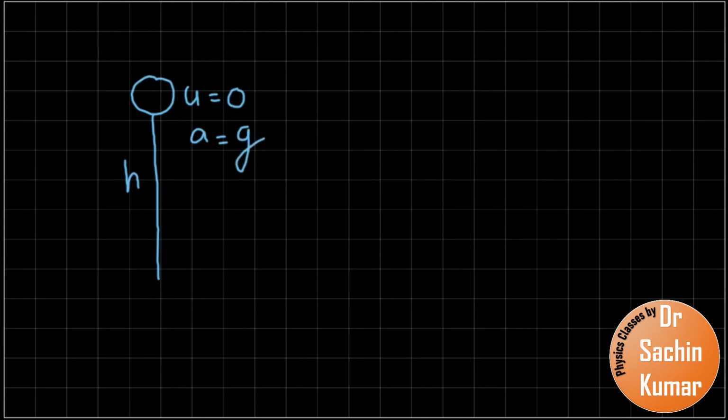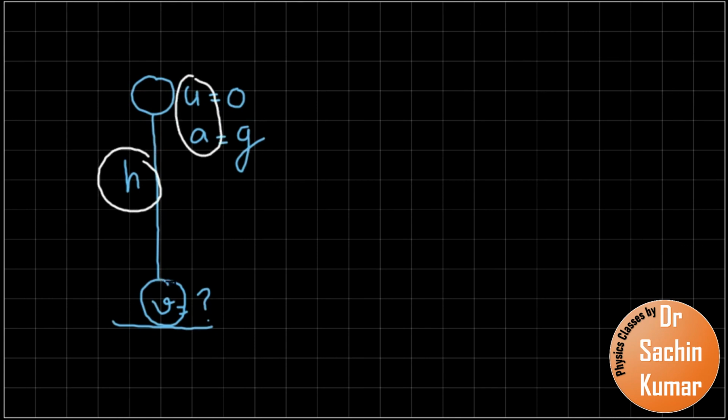If in the numerical you are asked what its final velocity v is just before hitting the ground, you will see that we have displacement, u and a are given and v is also there, but t is missing. So without a second thought, SVT, the third equation is applicable to solve for v when h is given. This is simple.